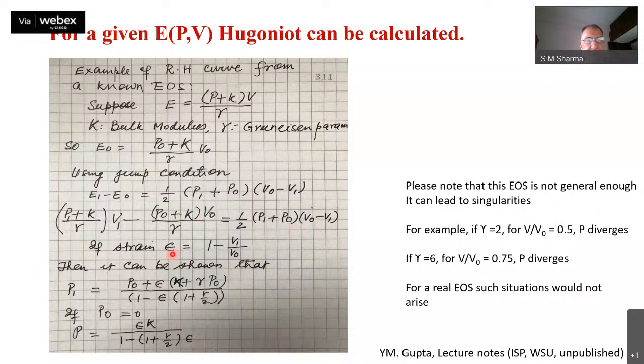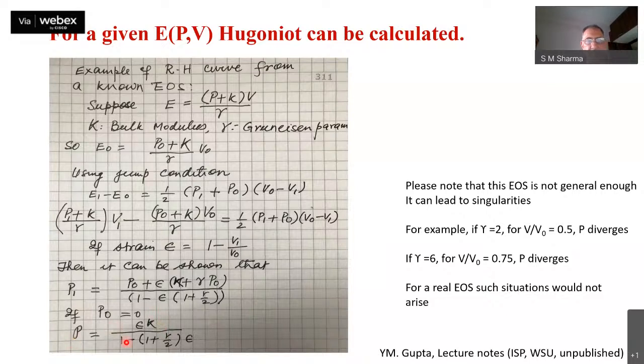And if we define strain equal to 1 minus V1 by V0, or 1 minus rho by rho 1, then V1 can be solved, and after doing that algebra, you will get V1 in terms of these observables. So for P naught equal to 0, it takes a very simple form.